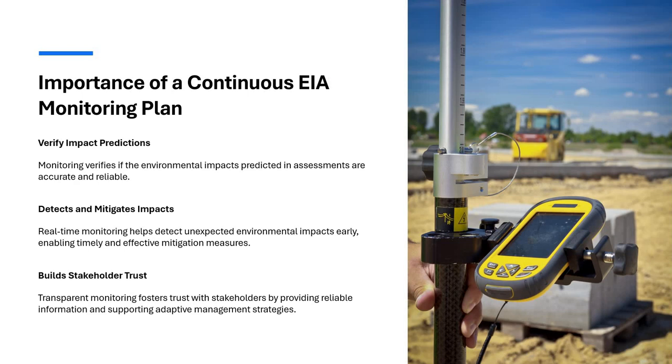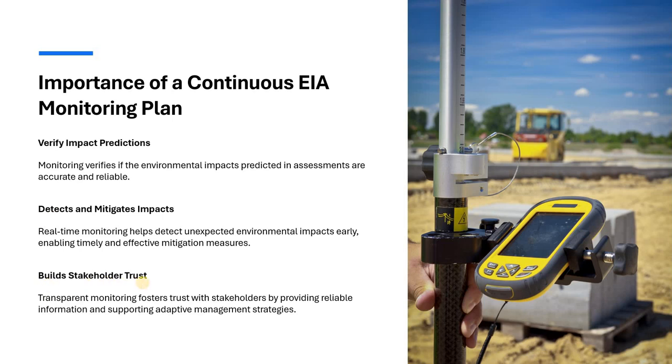So some of the key things that come out of a good EIA monitoring plan are, of course, you're verifying your impact predictions. You're detecting and mitigating impacts as they come in. And so real-time monitoring is helping you detect unexpected negative impacts. But you're also building stakeholder trust.